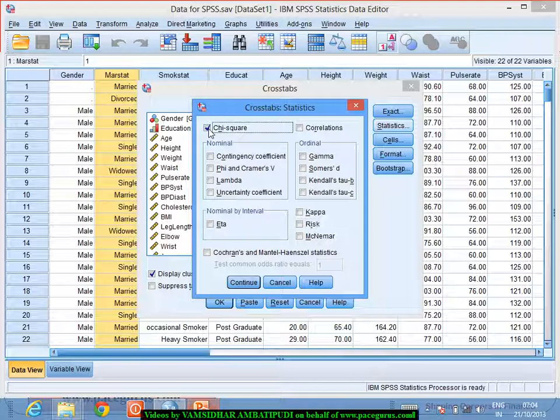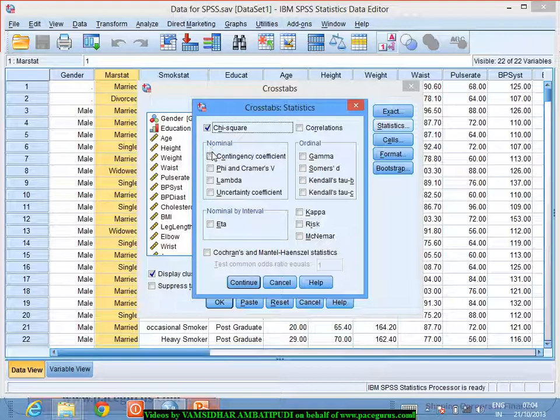This is a test which gives us whether these two variables are independent or some kind of relationship exists between these two variables. That is what is typically given by this chi-square test for the independence between the two variables. So that's the reason I would like to go with a chi-square test.